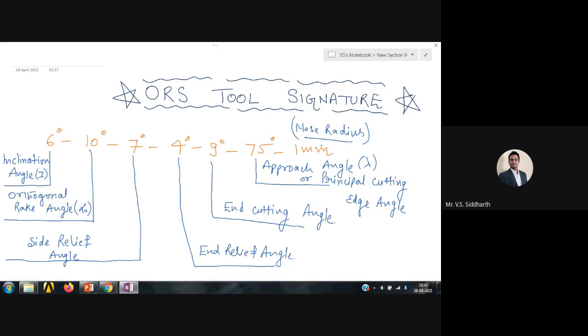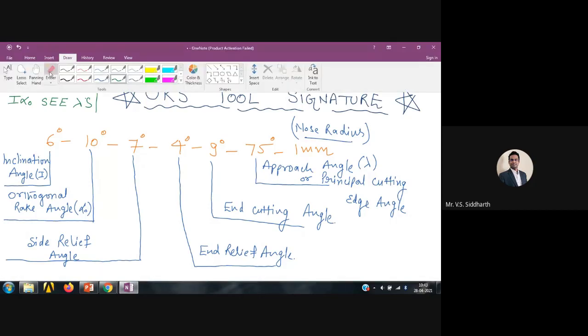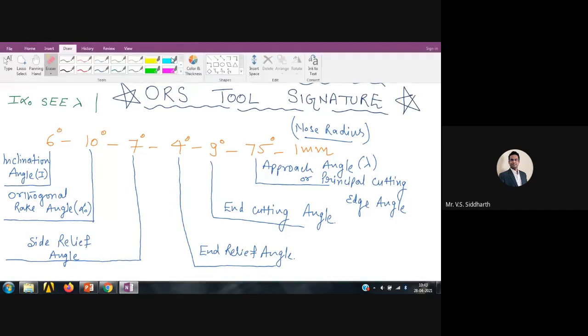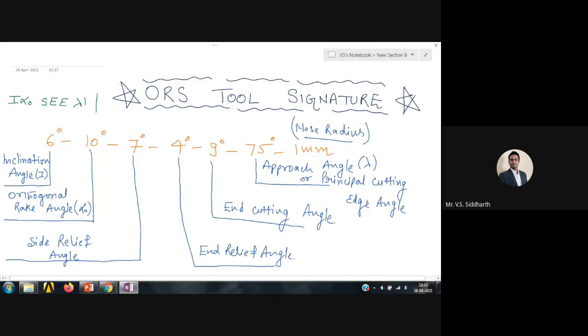Now, how to remember this? To remember this, I will tell you one line. I alpha naught E E lambda N. Okay, you have to remember this line.